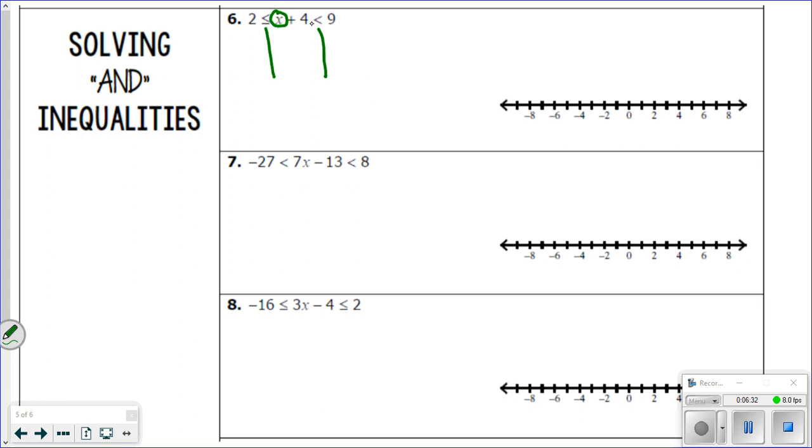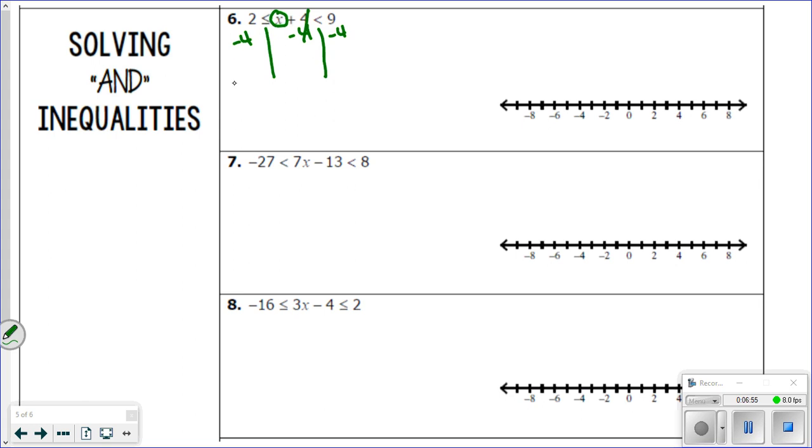So see how this says +4? I need to get rid of that. So the opposite is to subtract 4, subtract 4, subtract 4. So whatever I do to one side or one part, we must do to all three. So the left, the middle, and the right, they all need to have -4.